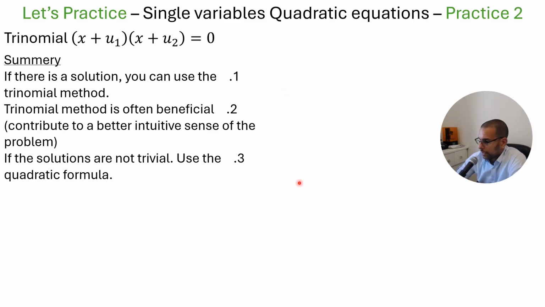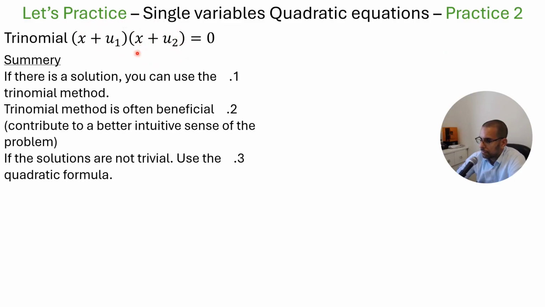So let's summarize. In summary of the trinomial method, we want to get the quadratic equation shape and represent it as a multiplication of factors. This equality means that this thing must be equal to 0, which can be gained by setting this factor to 0 or setting this factor to 0.